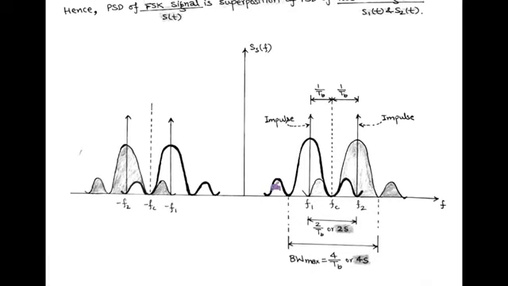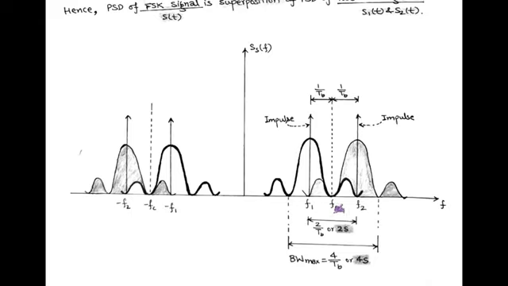Here, the solid line represents the power spectral density of signal S1(t) with an impulse function shifted to frequency f1, and the other is the power spectral density of signal S2(t), corresponding to frequency f2 with a shifted impulse function. Here, both frequencies f1 and f2 are deviated with respect to the carrier frequency, and this carrier frequency is in the middle of the difference between f2 and f1.